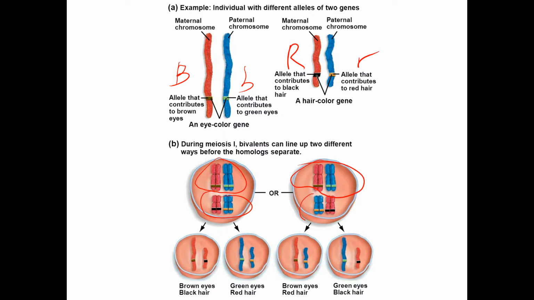This ties into the idea of genetic variation, that the way your homologous chromosomes line up is random. Meaning that this big chromosome here, we'll label 1, could be on the left side or it could be on the right side of the cell.